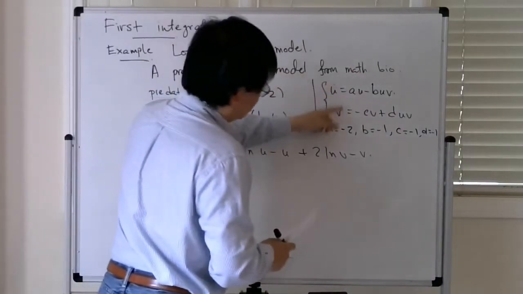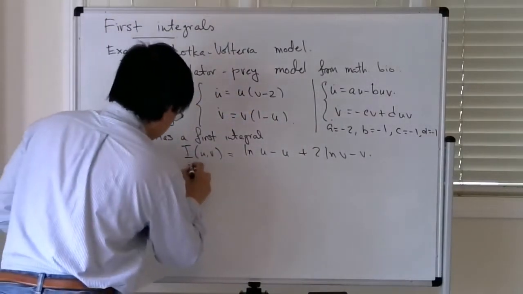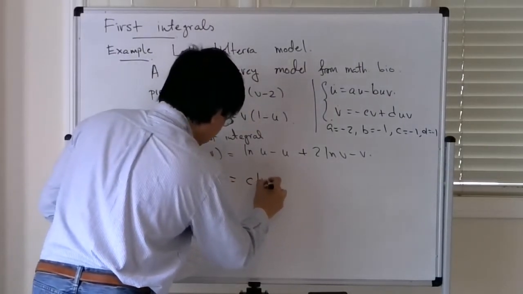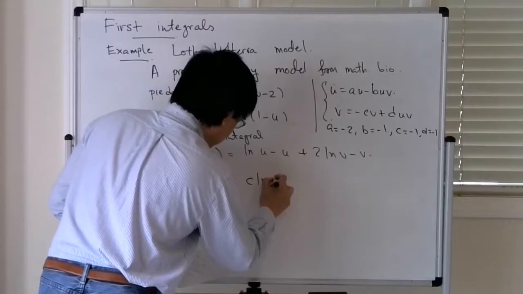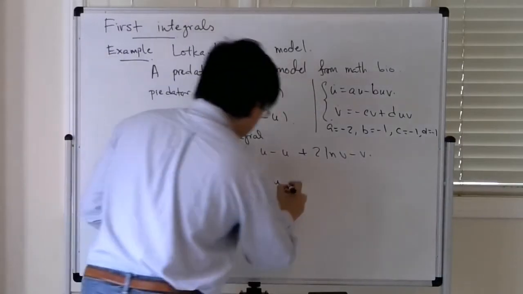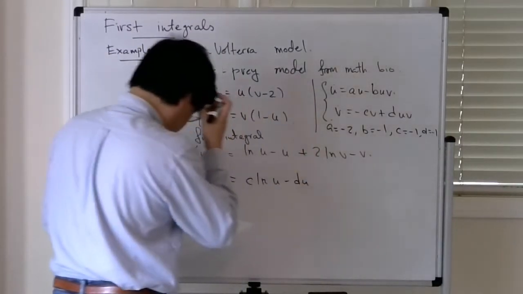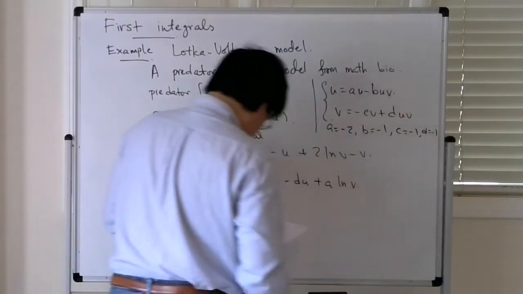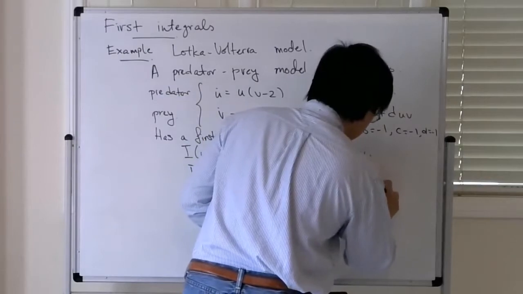And then for the more general model, the first integral looks like the following. c natural log of u minus du plus a natural log of v minus bv.